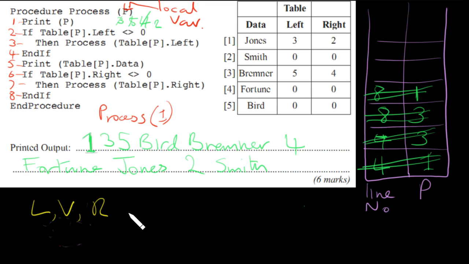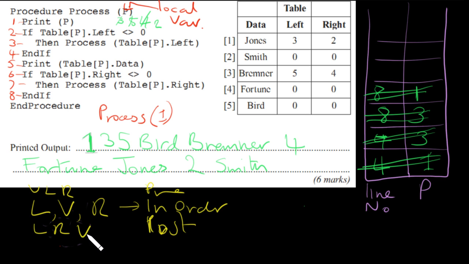Now, is that pre, in, or post? It is in order. Now, if you remember, it goes pre, in, post. So pre would be before that, and then in, and then post order. So pre-order is visit, left, right, and post order is left, right, visit.